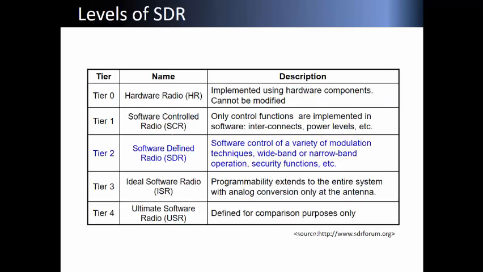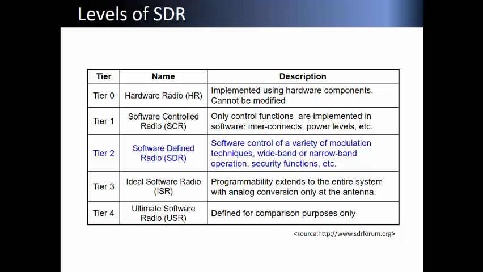There are multiple tiers in this SDR. In the hardware radio, and then a layer above that, there is a software controlled radio, and then software defined radio, and ideal software radio, and ultimate software radios.